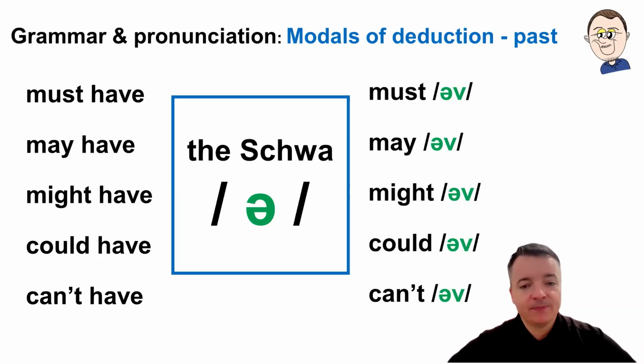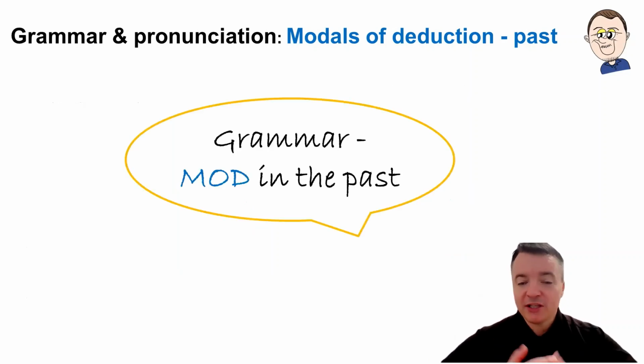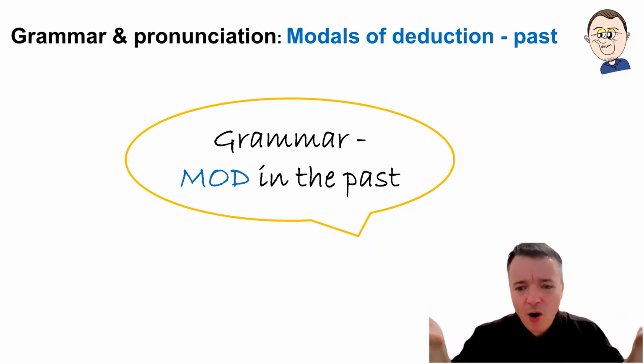So let's see. Repeat. Must have, may have, might have, could have, can't have. Okay, nice. So let's have a practice. I have some different situations. I want you to have a look and we're going to try and guess what happened in the past.